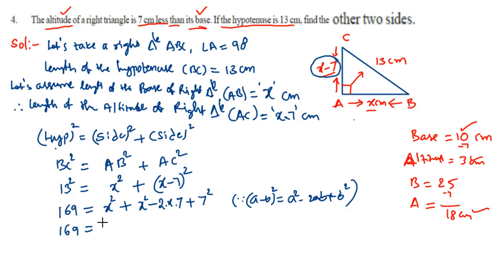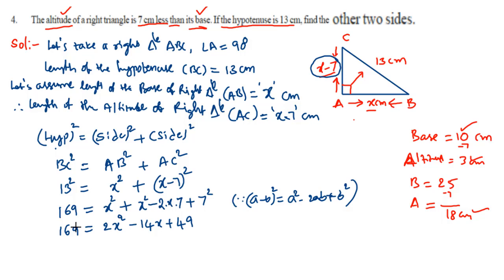Now again simplifying this equation, x square plus x square gives us 2x square, and minus 2 into 7 is 14x, plus 7 square equals 49.